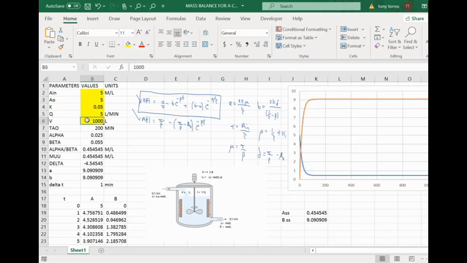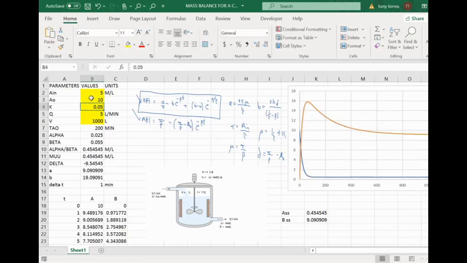What happens if the concentration inside the reactor is higher than whatever is getting in? Let's see. Let's put A0 at 10. Well, that's a weird reaction. So I start here at 10. It dropped quickly, within less than 200 minutes, I would say 100.